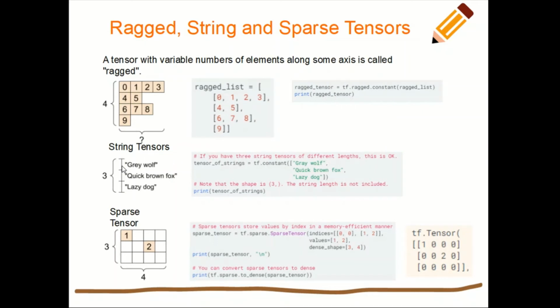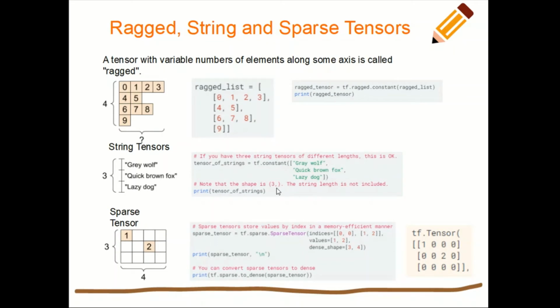We can also create string tensors. String tensors, once again, are given as a list here. Each one of the strings has a different number of characters, and if you see the final shape of this operation, you will see that it is 3 comma.